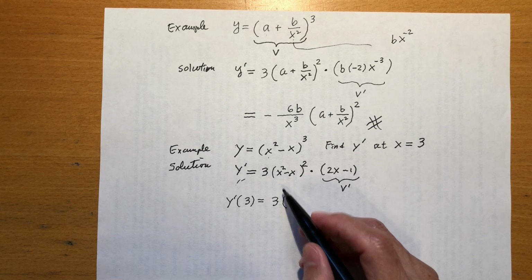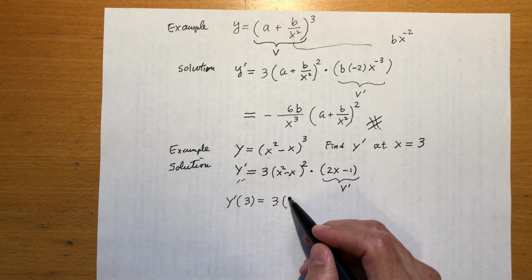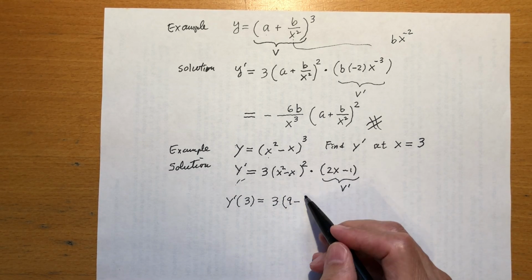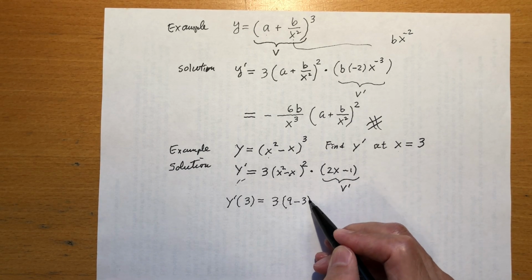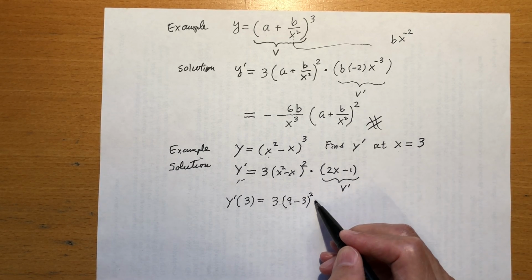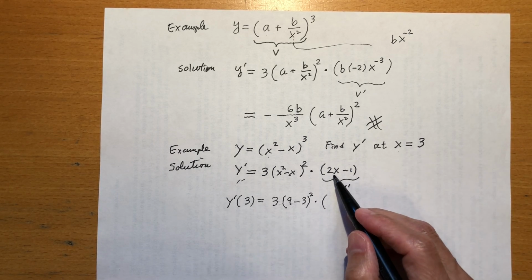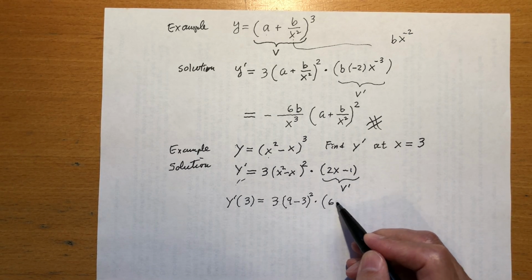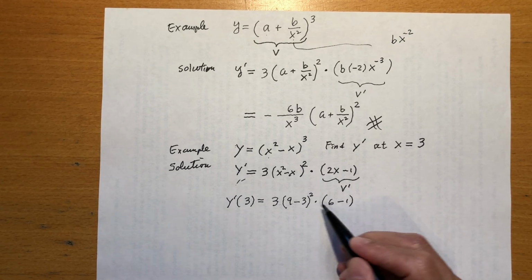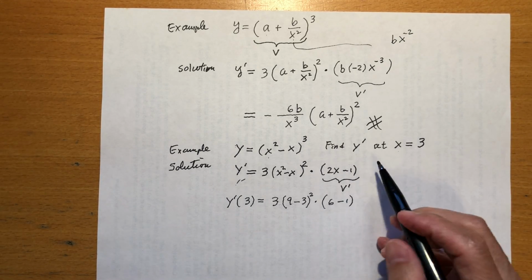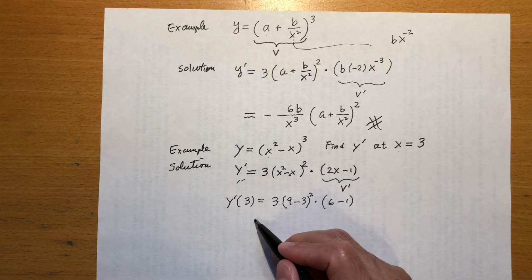What is 3 squared? 9. 9 minus 3. And I have a square there. Times, what is 2 times 3? 6. So this is a result of replacing x by 3.